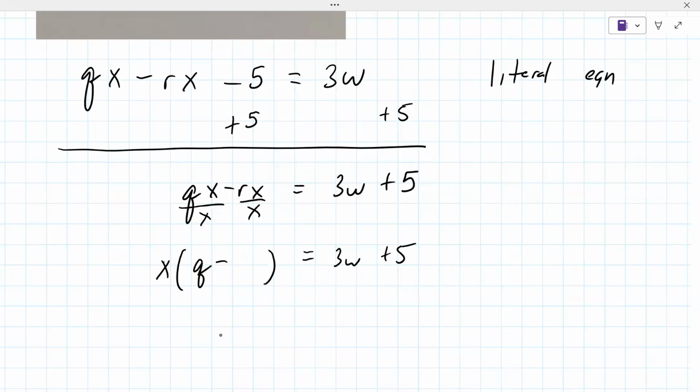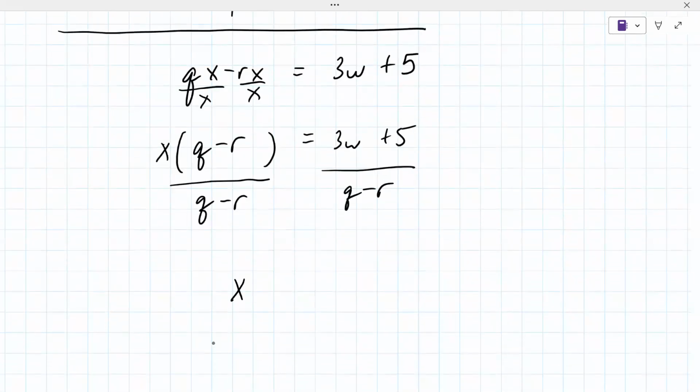Okay, q minus r. And then now we're going to divide both sides by q minus r. And that doesn't look great, but that is your final answer.